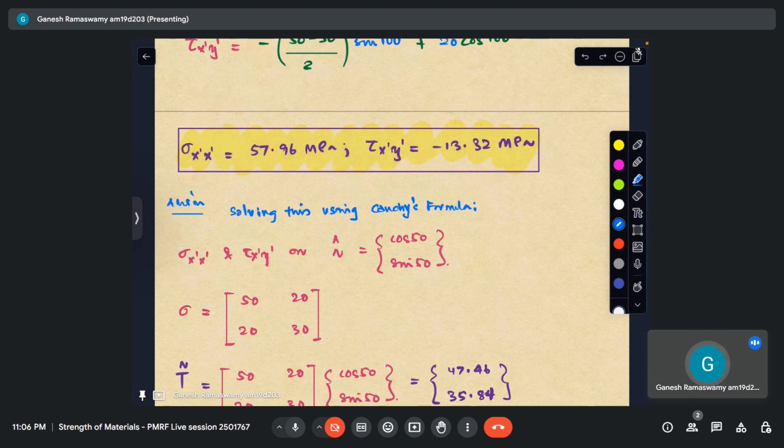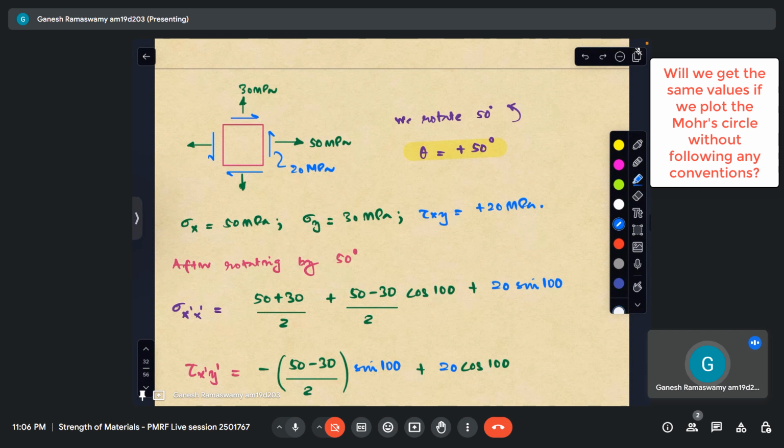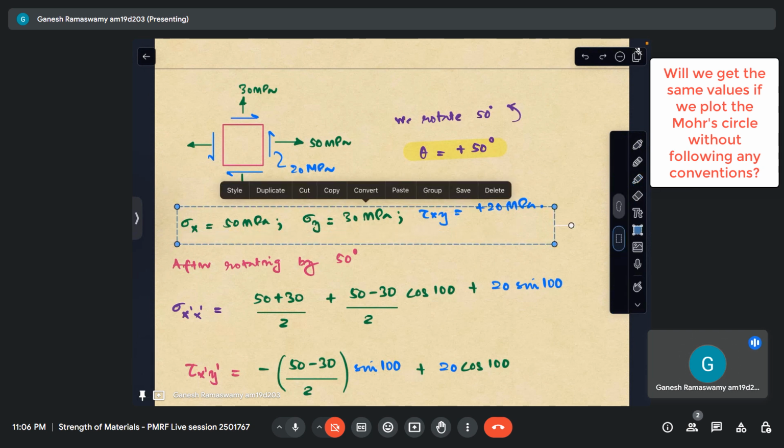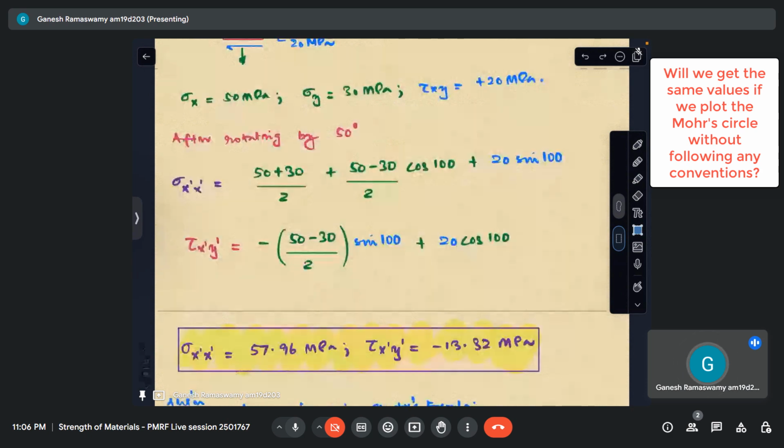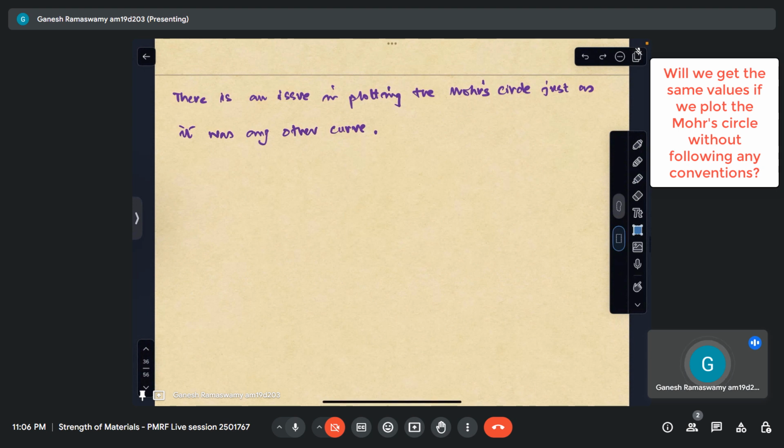So we know that sigma x prime y prime is 57 there, and tau x prime y prime is minus 13.32. So we can actually solve the same problem using the Mohr circle in order to understand what the issue is in plotting the Mohr circle just like any other curve, and why we need to follow certain conventions.